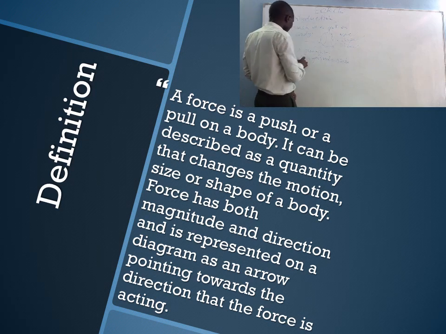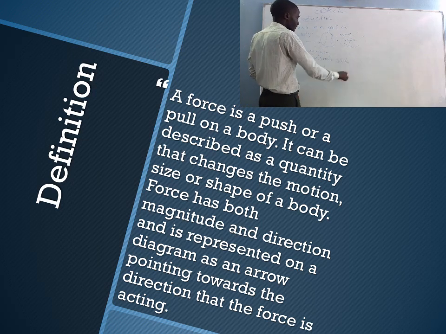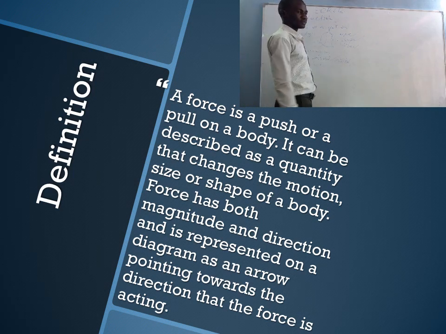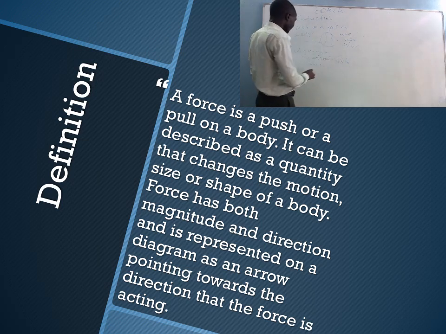And also, a force has direction. So these are the two main properties of a force: it is a quantity that has magnitude and direction. In other words, we can say that a force is a vector quantity.